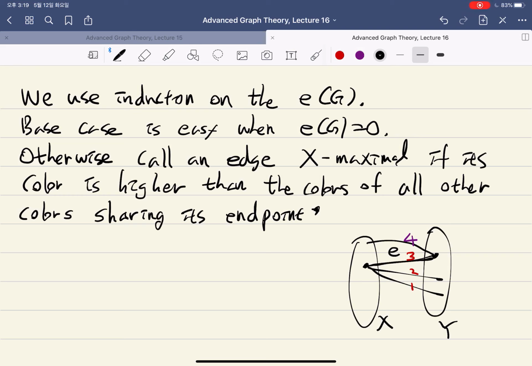So this edge has a bigger number than any other edges sharing this vertex. But there are edges sharing the other vertex that have a bigger number, but this has a bigger number than the other two. So this is X maximal.